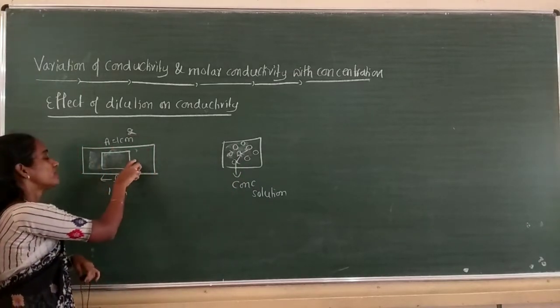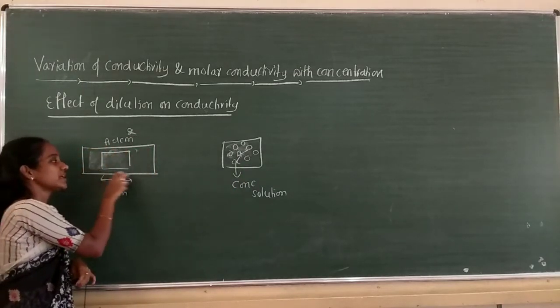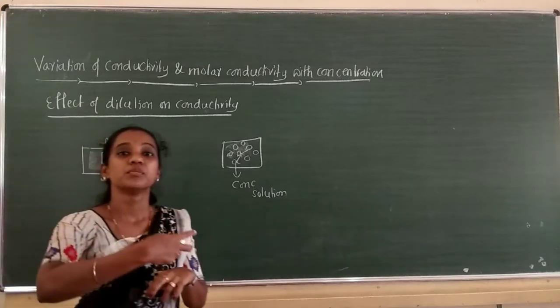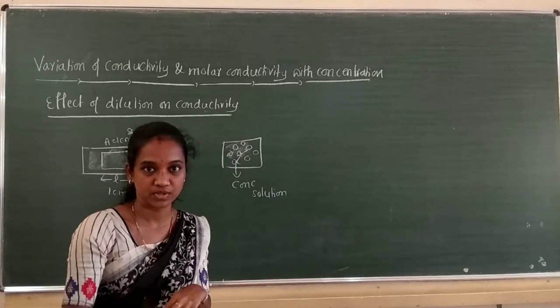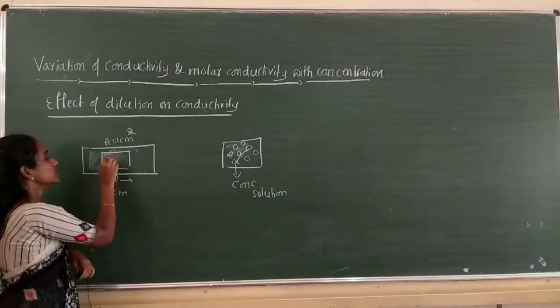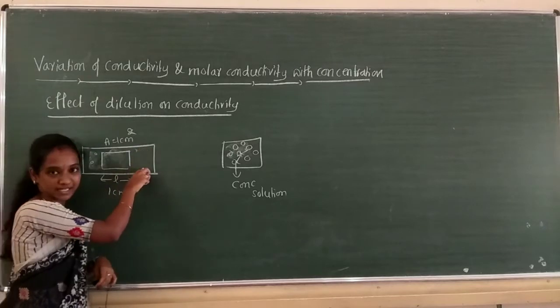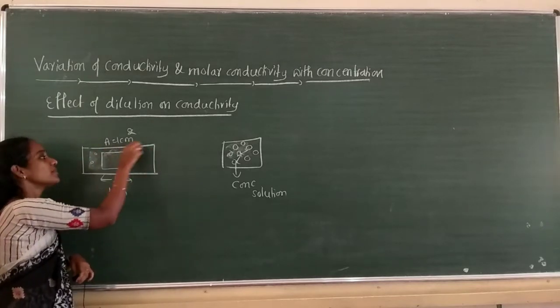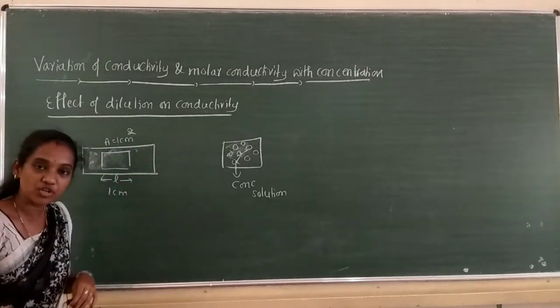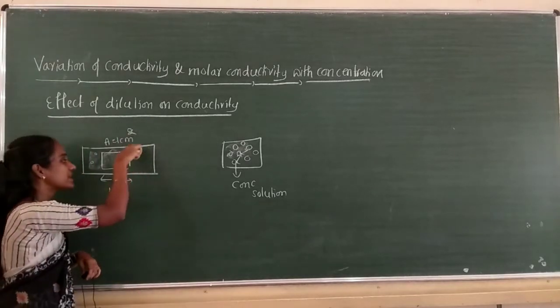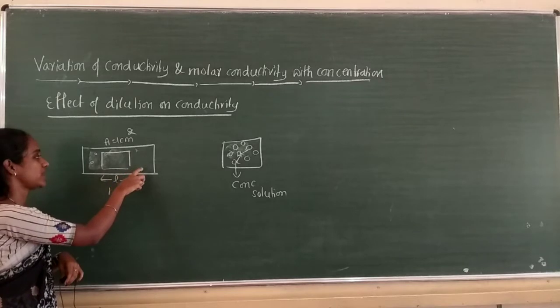Now, if we decrease the concentration of the solution, or as the solution is diluted, what happens? The interionic interactions between the ions decrease because of the increase in the volume of the solution, because we have diluted the solution. So we have decreased the concentration of the electrolyte.